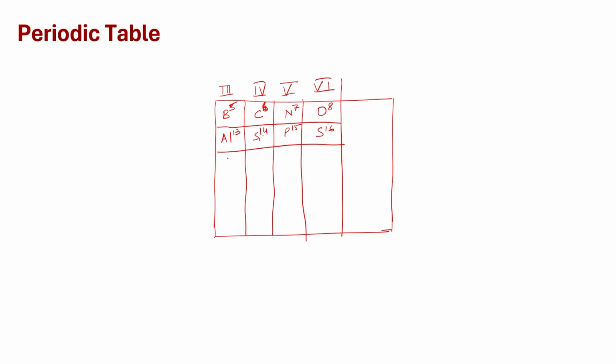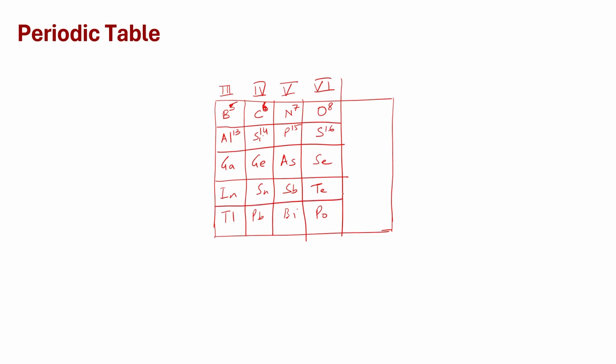And if you go to the next row, we have gallium, germanium, arsenic, selenium, and the next row will have indium, tin, antimony, tellurium, and then thallium, lead, bismuth and polonium.